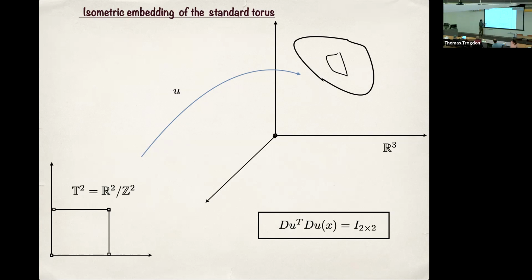And what I want is that lengths that are measured over here should be exactly the same as lengths that are measured over there. What this boils down to is this quadratic equation. That's the 2 by 2 identity. This is a matrix which is 3 by 2. So you have to solve that equation. If you solve that equation, you've basically found an isometric immersion.